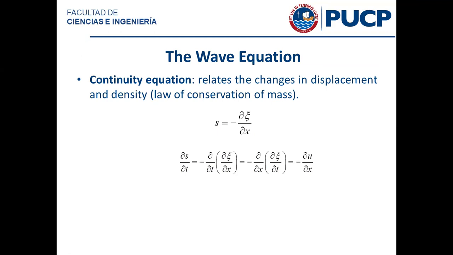So can somebody explain to me the physical meaning of this equation? Okay, so this means that as the velocity of the particle changes around the equilibrium point in a position of the wave, the density will vary over time.